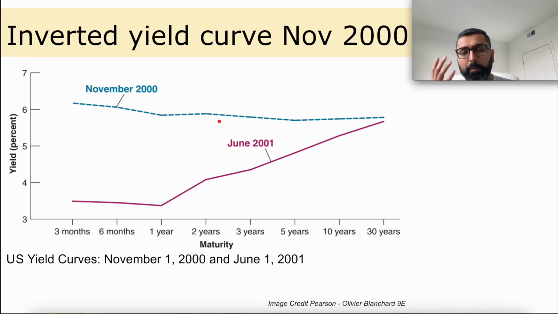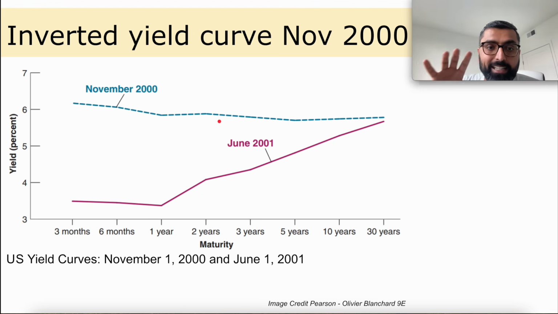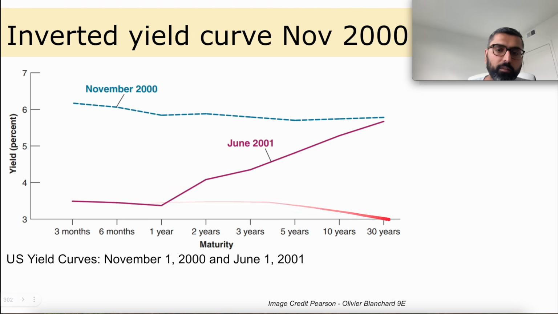Now we can compare what's happening in the minds of investors and how we interpret this to forecast what the market is estimating the Federal Reserve will do a year from now, 2 years from now, 3 years, 4 years, and so on. What is going to be the impact of interest rate changes into the future? This is market consensus. This is the market telling you how much yield you will get if you were to hold a 3-month versus a 30-year bond.